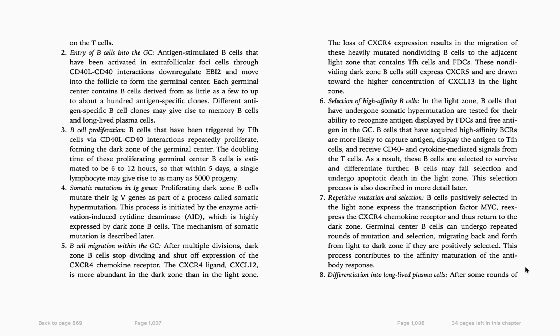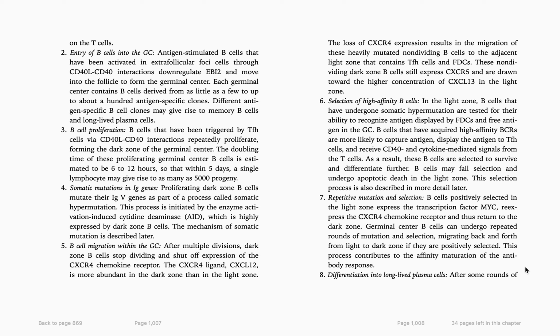As a result, these B cells are selected to survive and differentiate further. B cells may fail selection and undergo apoptotic death in the light zone. This selection process is described later in more detail.